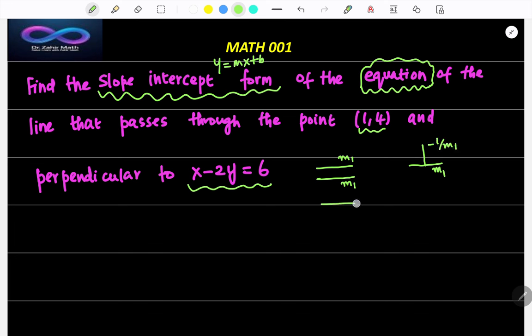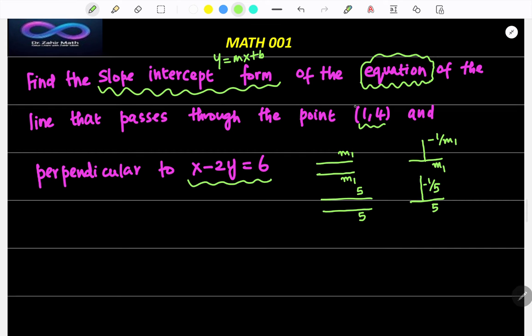Let me give an example. These two lines are parallel. Suppose the slope of this line is 5. This is also 5. Suppose these two lines are perpendicular and the slope is 5, then this is negative 1 by 5. Reverse and minus, or flip and minus. Usually in class you use the word flip. So flip and then minus. Clear all of you? Right.